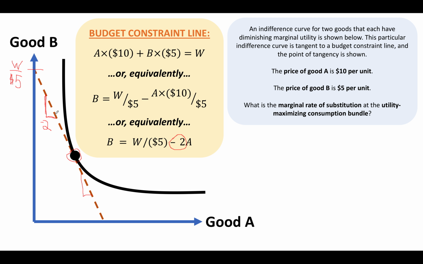So we know that the MRS here is going to be the negative of this slope. By definition, for MRS, we always take the negative of the budget constraint slope. So this is me trying to write slope.